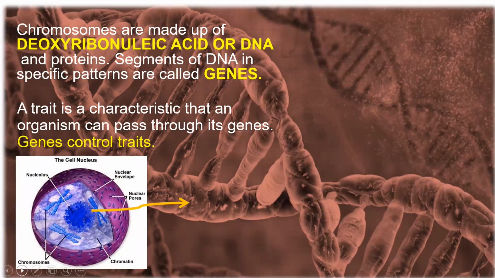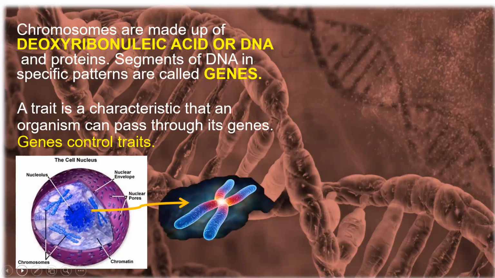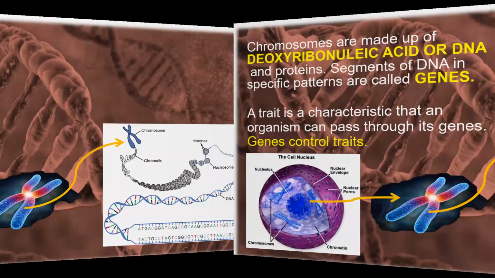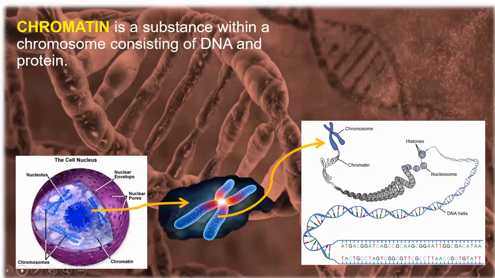This is the nucleus. This is the chromosome. And there's the chromosome. All right. There is what we call chromatin. Our next slides will be showing you about this.